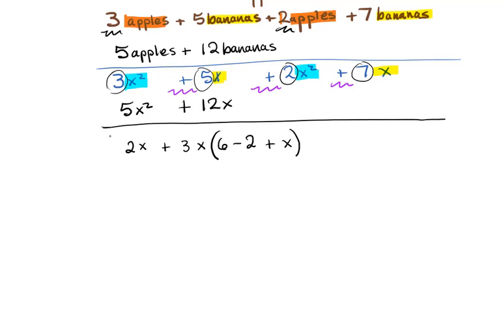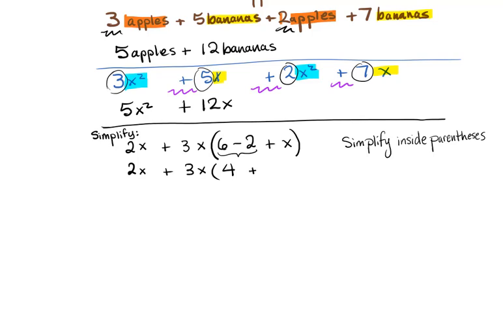You'll regularly see something like the word simplify and then the expression. So first we're going to simplify inside parentheses if we can. And when we do that, we'll have 2x plus 3x times the quantity 4 plus x.